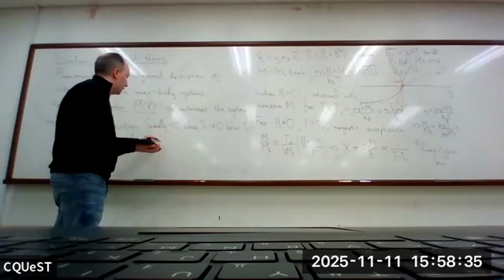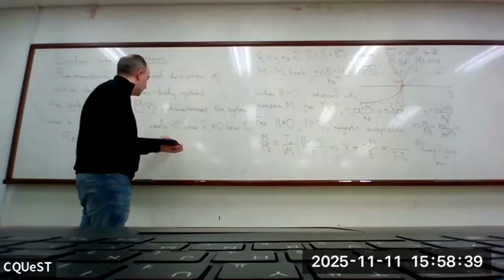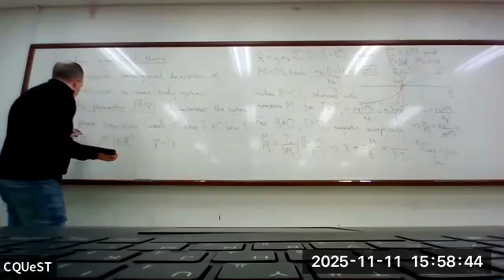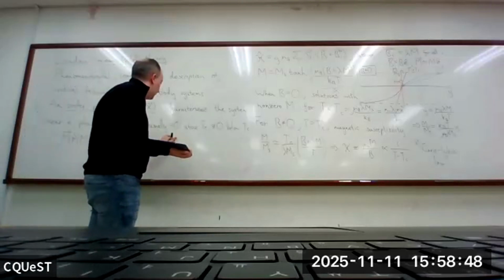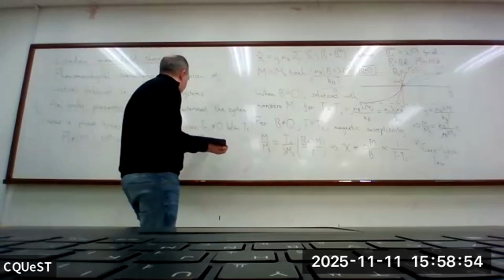Then for the coordinates, we can also consider various situations. Sorry, let me just make these upper indices: x^1 up to x^d, where little d is the spatial dimension of your system.